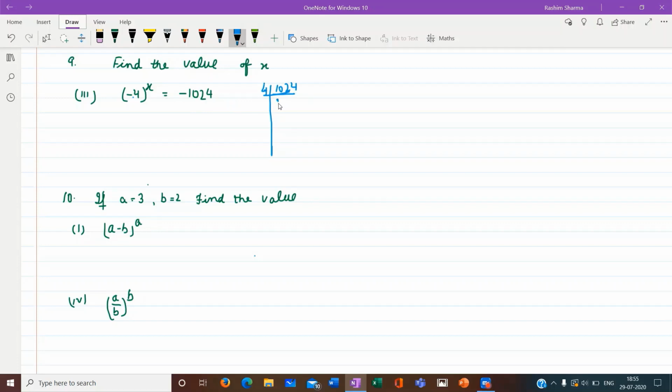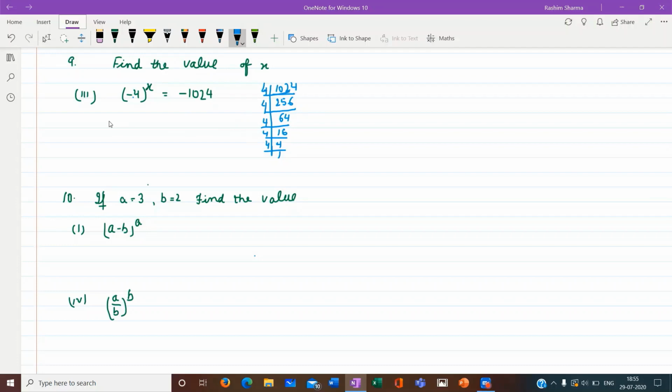So here 4 2s are 8, 4 5s are 20, 5 6 are 24, 4 6 are 24, then 4 6 are 24, 4 4s are 16, 4. Now 1, 6, 4, 4, 4, 1. So we get here 4, 5 times.